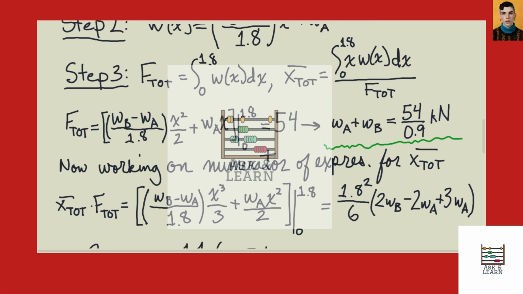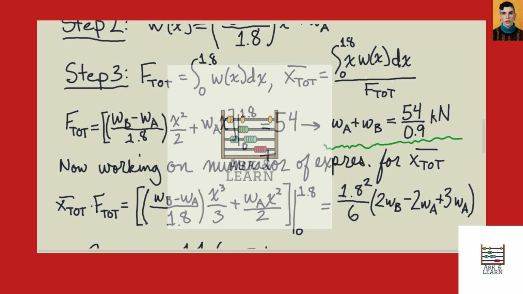So we will end up plugging in the values that we calculated from the two downward forces, both their total load and centroid, and inserting them into the left-hand side for each of these equations.